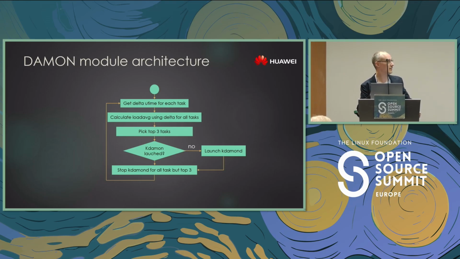This loop is 5 seconds again. We calculate the exponential moving average for all the tasks. Pick the first 3 tasks. If they don't have a daemon running on them, we launch them. And we just stop the daemon for any other applications that we were running before that now are cold or are not that hot.